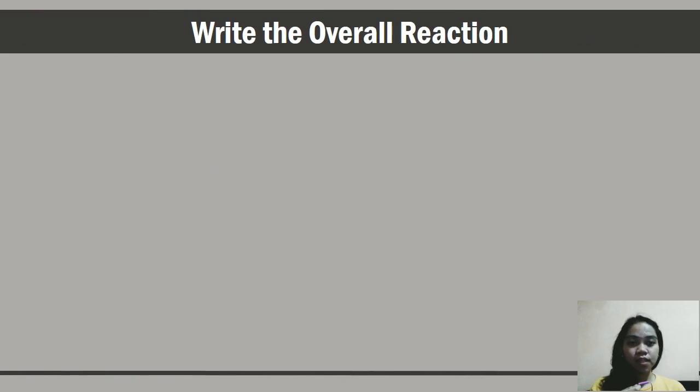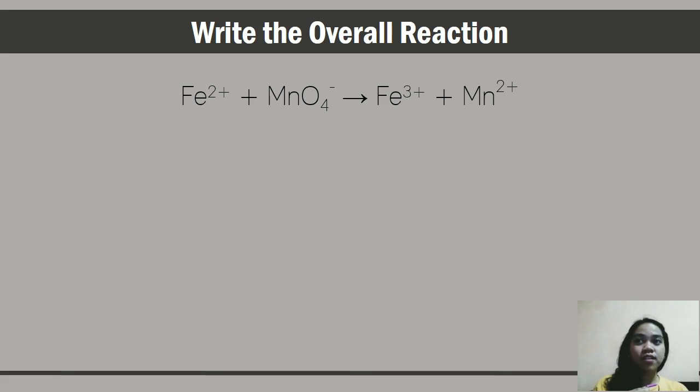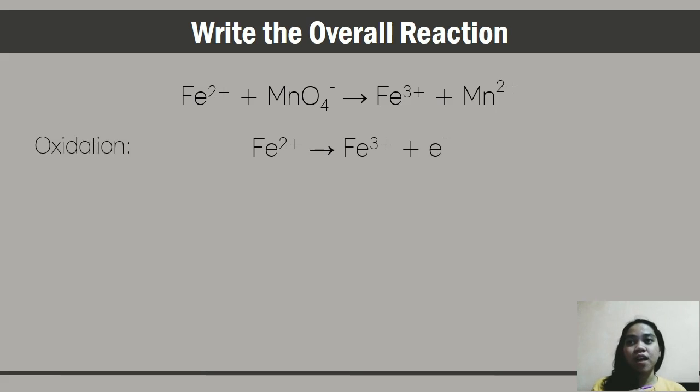The first thing that we need to do is to calculate the overall reaction. For the titration, let's write the equation for titration of ferrous oxide with permanganate. Let's balance that equation in acidic medium. For our oxidation reaction, we have the ferrous oxide, and for our reduction reaction, we have the permanganate.